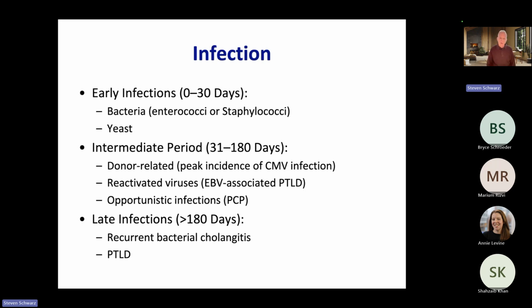And this is also where you're going to see opportunistic infections like pneumocystis. Late infections after 6 months are related to problems with the biliary tract primarily, including recurrent bacterial cholangitis. And this is again the period where you'll also see post-transplant lymphoproliferative disease.